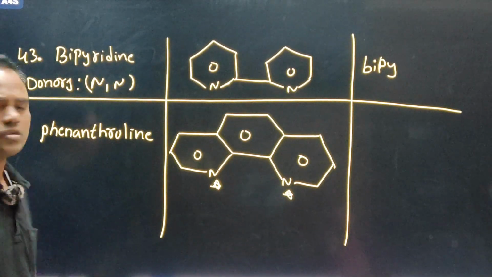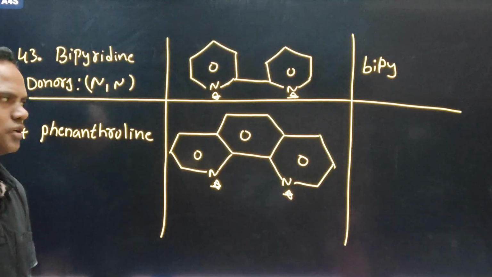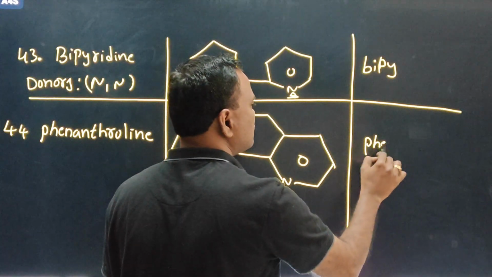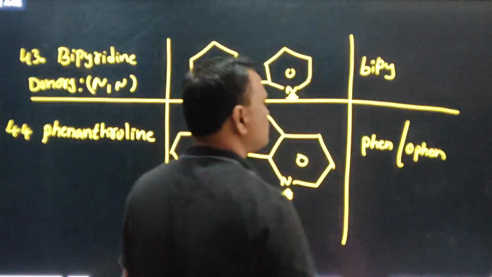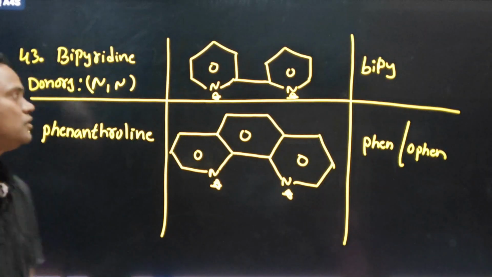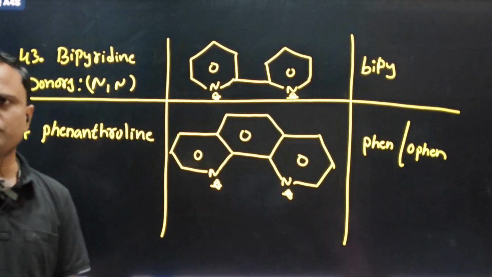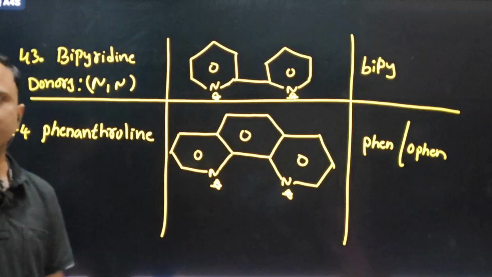Give stars for these nitrogens also. Stars represent donor atoms. This is represented as phen. First one is important. Two stars for 42, ethylene diamine or ethane 1,2 diamine, en.